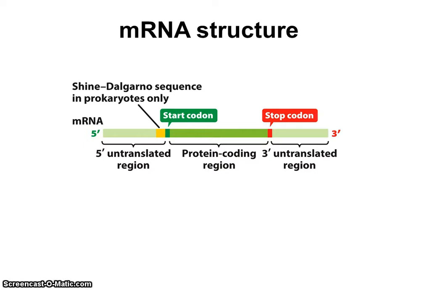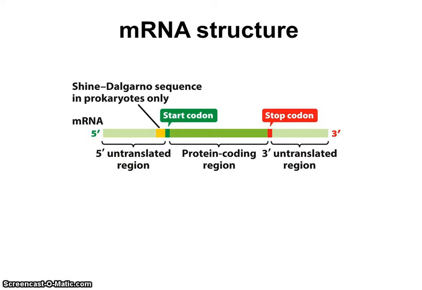In fact, I'll say this again when we cover translation, but in prokaryotes, transcription and translation can happen at the same time. Whereas in eukaryotes, transcription happens in the nucleus and translation happens in the cytoplasm, so those two processes are spatially separated and therefore necessarily temporally separated. There is a lag between the time when a gene can be transcribed and the time when that RNA transcript can be translated.